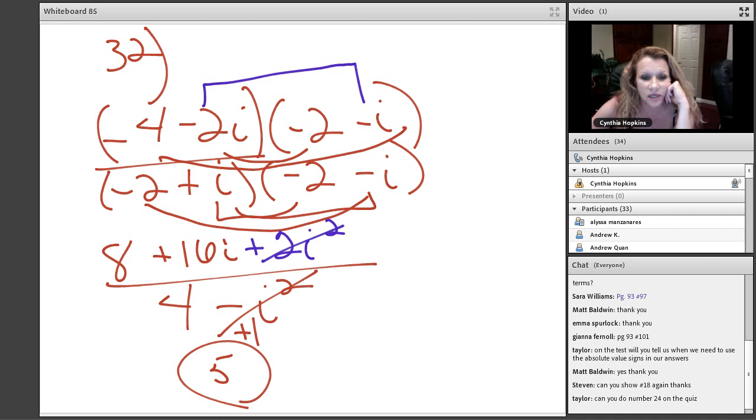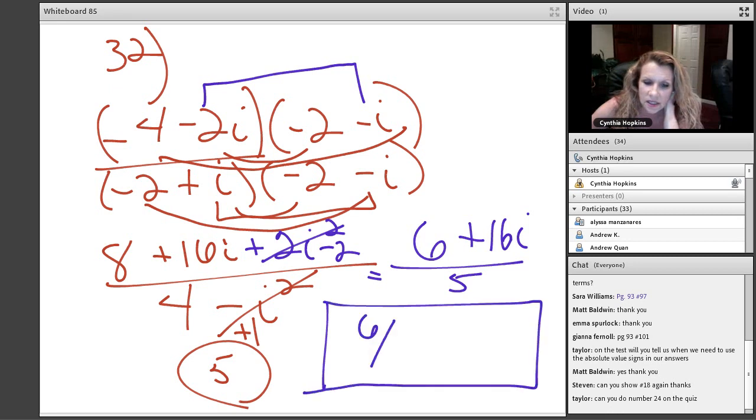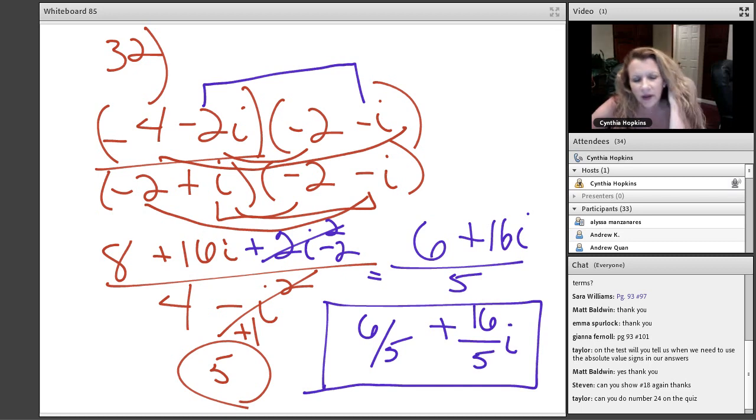That's going to turn into -2. So my 8 minus 2 is 6 plus 16i all over 5. Now all I need to do is change this to a plus bi form. My a, the real part of my answer, is 6/5. Then plus my b times i is going to be 16 over 5 times i. And that is my final answer in a plus bi form.